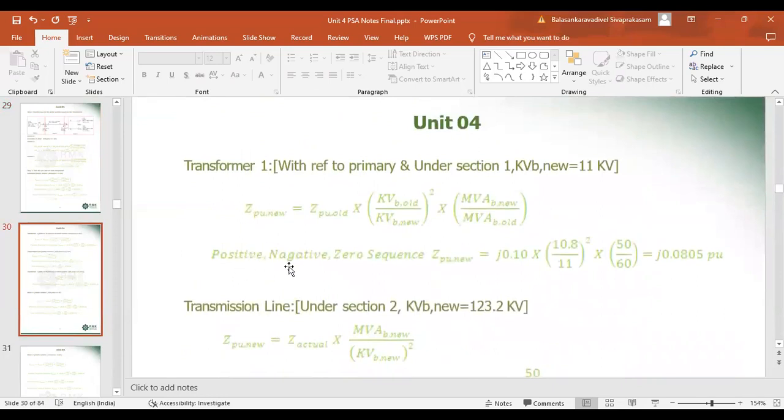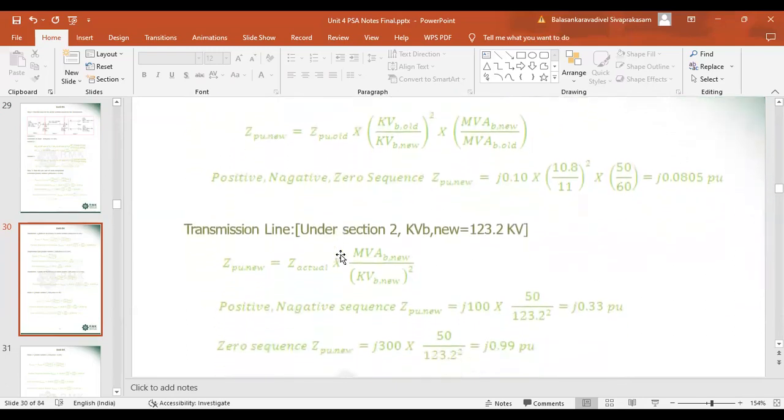So the positive sequence will be equal to the negative sequence, which will be equal to the zero sequence reactance. We can substitute the value here. The per unit old value is j0.1 into kVb old for transformer 1. What is kVb old? What is kVb new? And then MVAB new is 50 and MVAB old is 60. If we substitute all the values, we can calculate the per unit reactance, that is the positive sequence, negative sequence, and zero sequence reactance of the transformer.